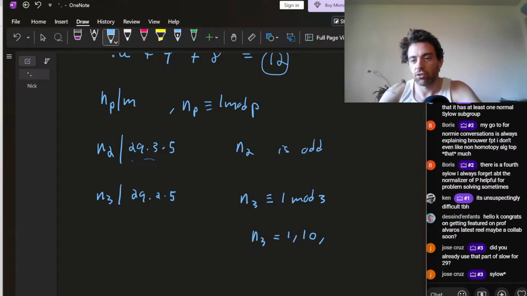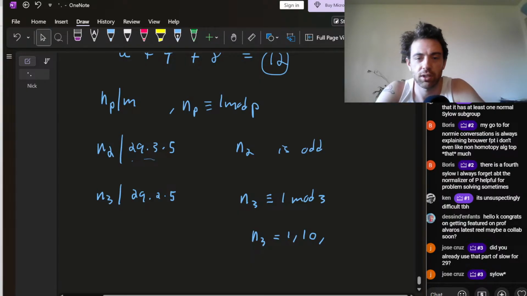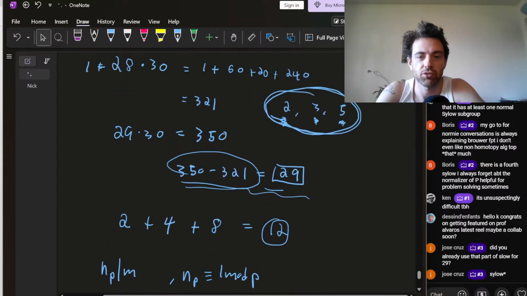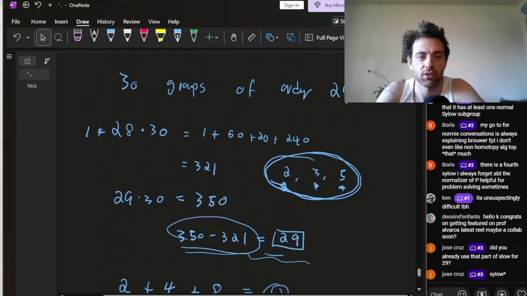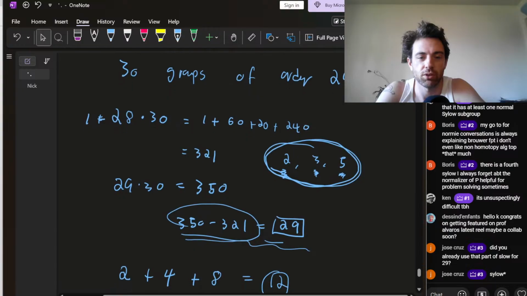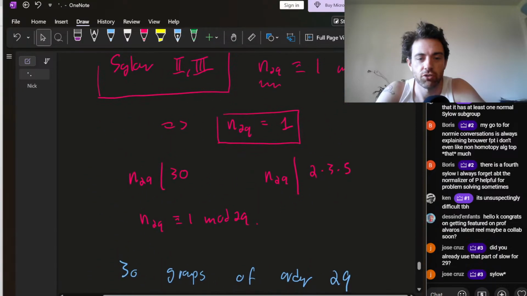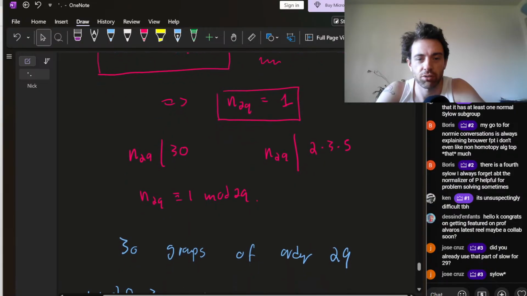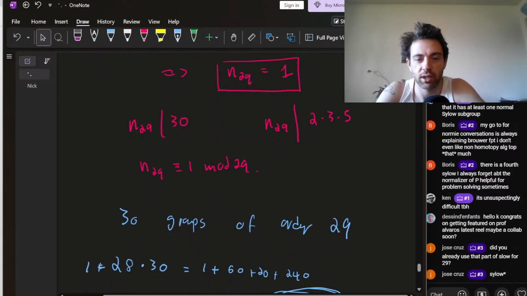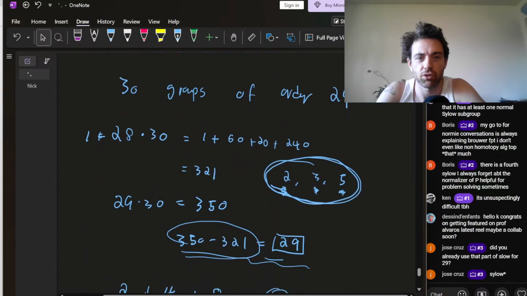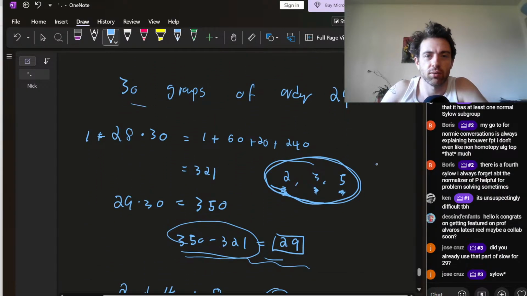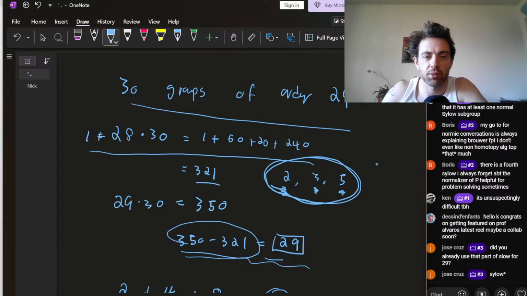Did I already use that part of Sylow 29? Yes. We know that there is either one Sylow subgroup of order 29 or 30, and we're trying to prove that there can't be 30. And then I also use the fact that if there's 30 subgroups of order 29, then it accounts for this number of elements. Maybe I made an arithmetic mistake.